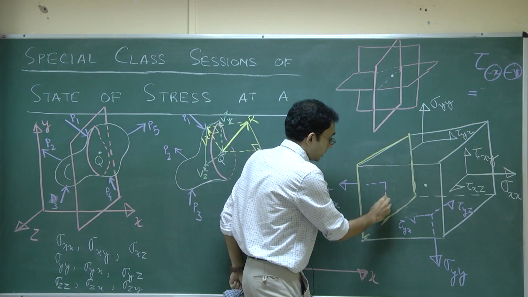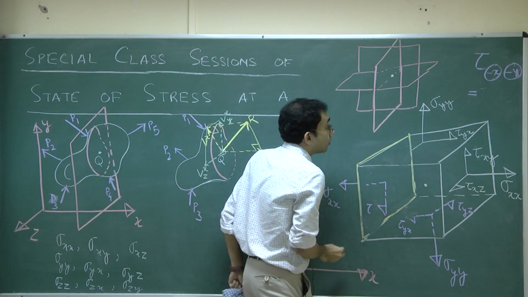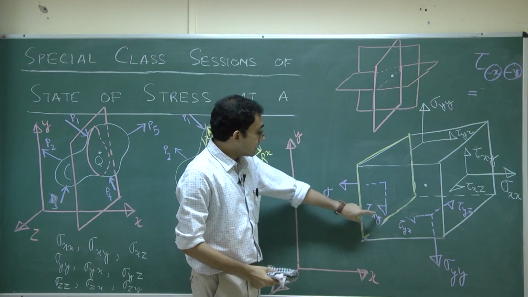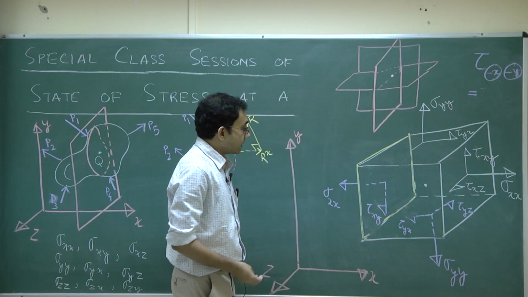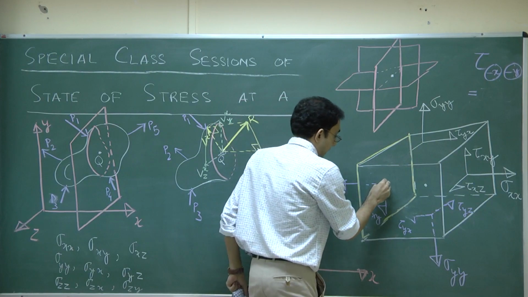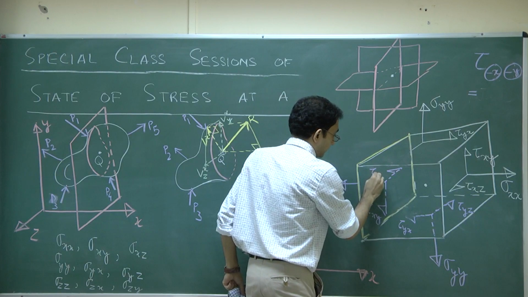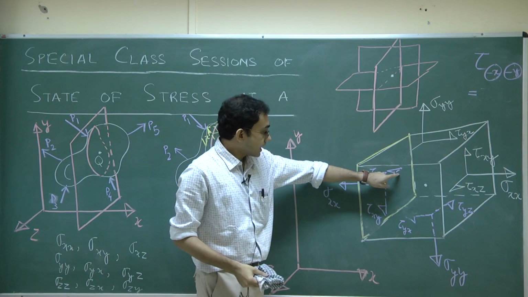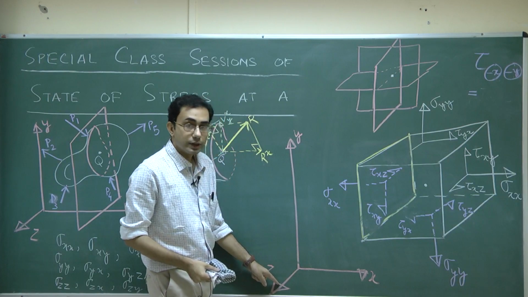So, what I need to depict is like this. This is tau xy, and you note that this tau xy direction is opposite to what I have here. In exactly the same fashion I can write down my tau xz. And again you note that this sense is along the negative z direction, opposite to this one.